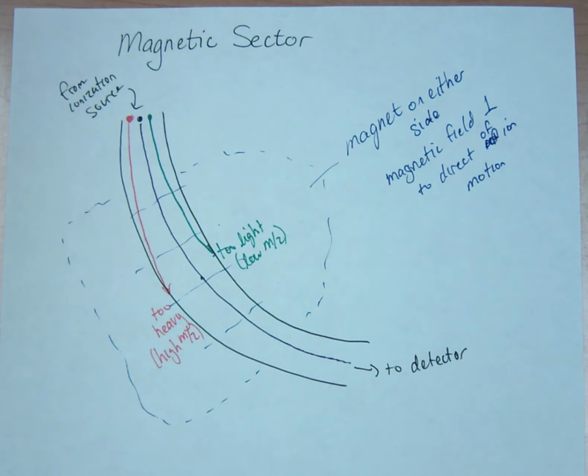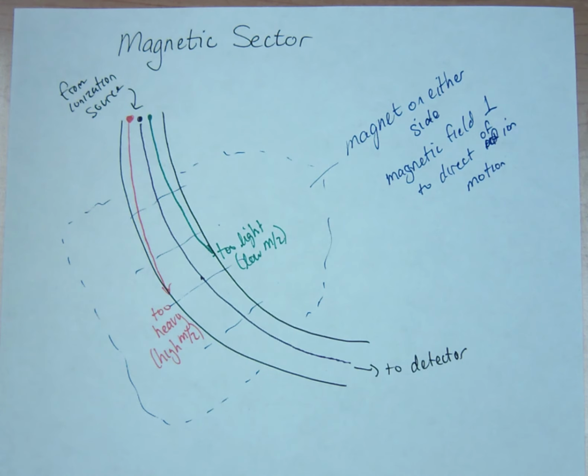This is also very unsuitable for large molecules, in part because of its low resolution, but also because of the size of the pathway that's being utilized to head to the detector.